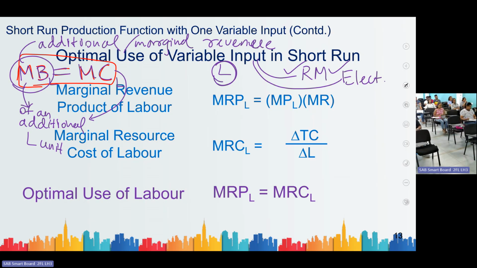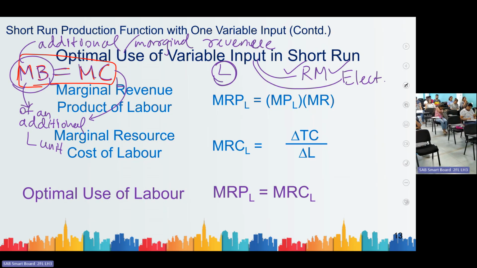So the marginal benefit of employing an additional unit of labor is the additional or marginal revenue a firm can earn by utilizing one additional unit of labor.